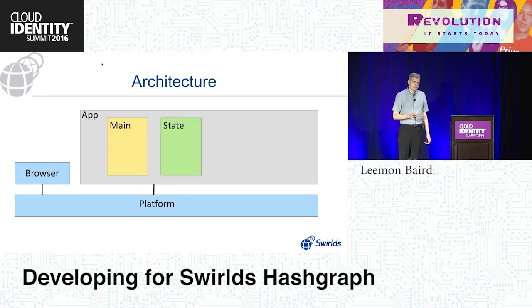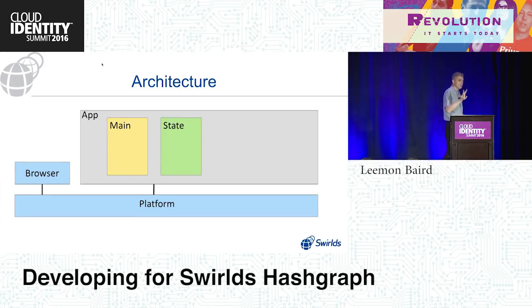When you write an app for Swirlds for this platform, you write it in Java. And it will run in a sandbox to protect the user's computer from malicious stuff you might do. And in Java, you need to write two classes that are important. You can write lots of other classes, too, if you want to, just good software engineering. But there's two that the platform cares about and will talk to.